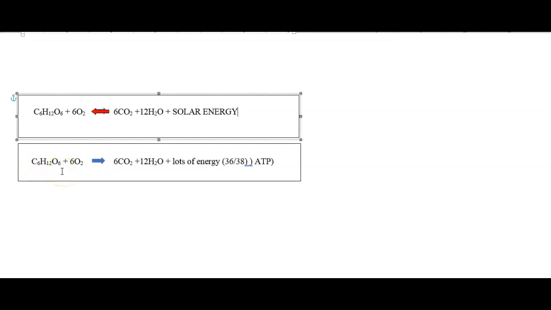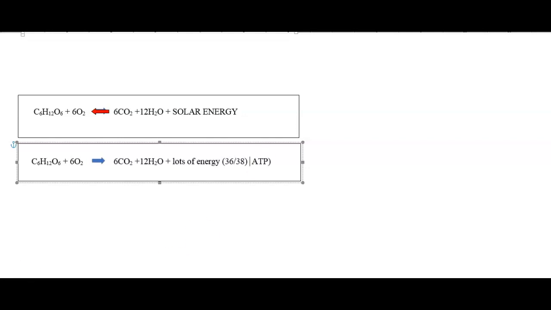Glucose, so this is the products. Now these products are the reactants, plus oxygen. Now the glucose gets oxidized, right? Comes carbon dioxide, goes to water. And depending on the organism, 36 ATP in a eukaryote, 38 in a prokaryote, like bacteria.